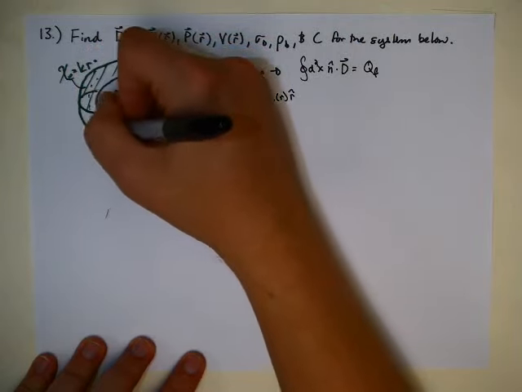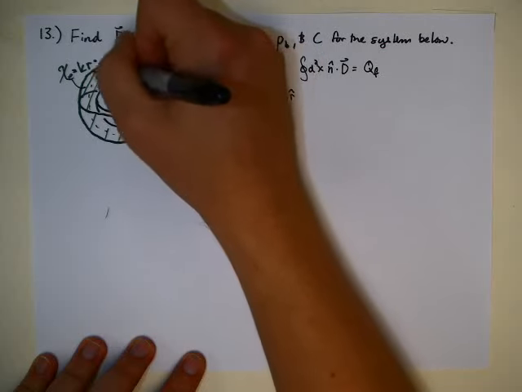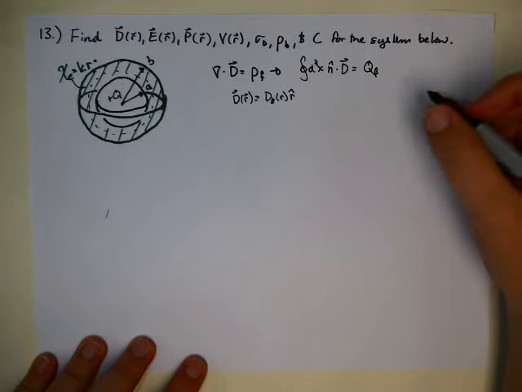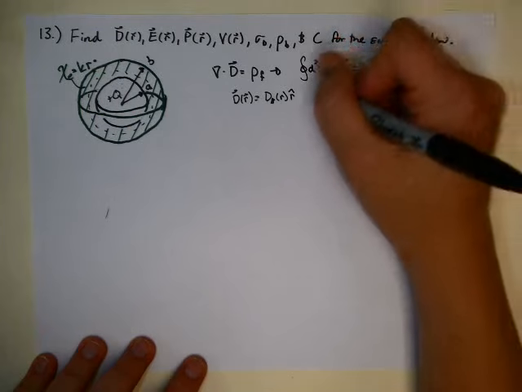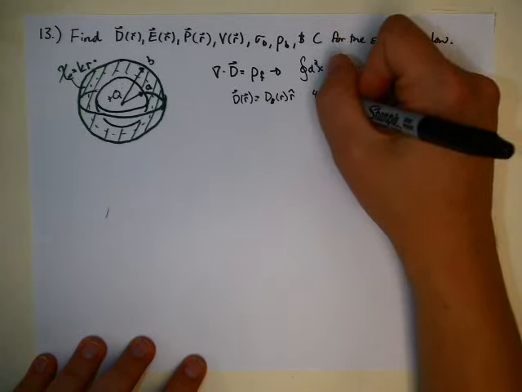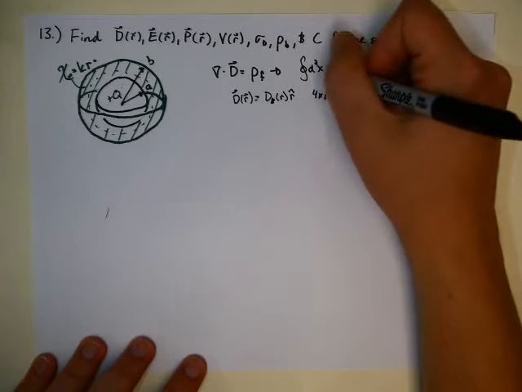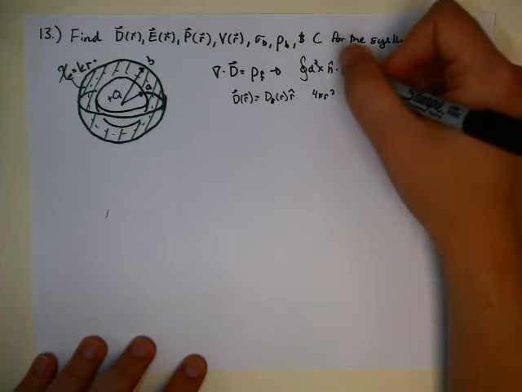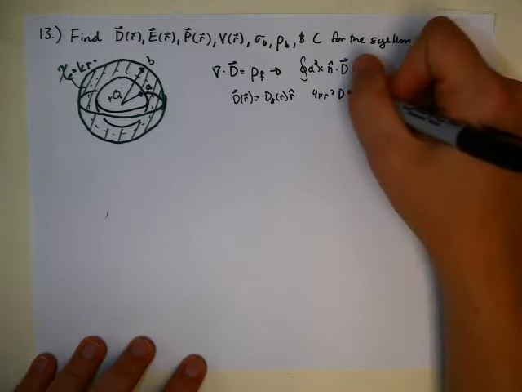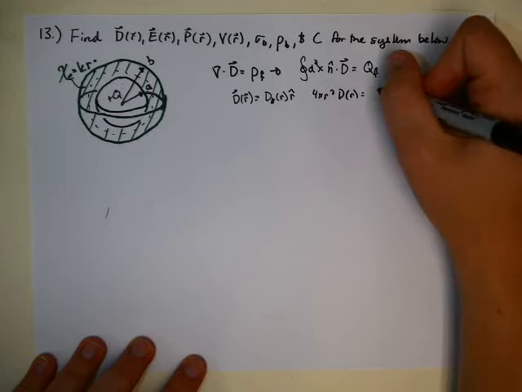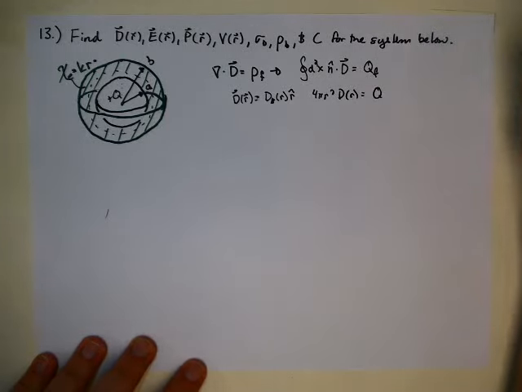So if we draw a Gaussian sphere, n hat is going to be r hat. This gives us 4 pi r squared, the surface area from that d²x, and n hat dot D just gives us this capital D of r. It's going to equal our plus Q.